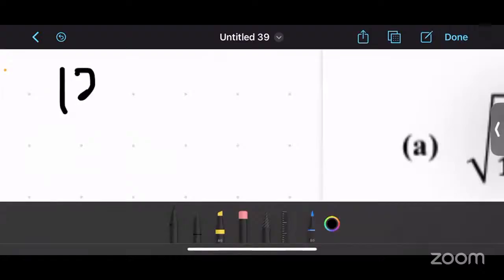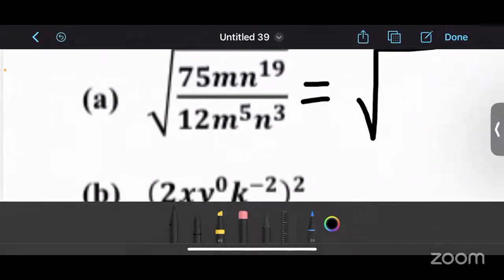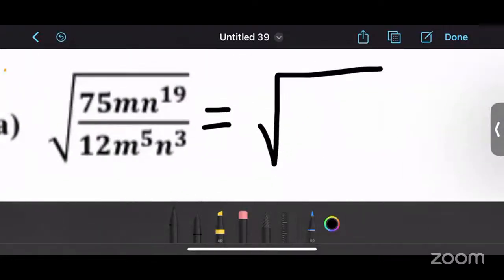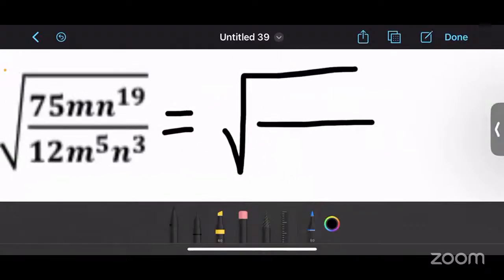It's 3. Okay, so 75 divided by 3 is how much? It's 25mn to the power of 19 over 4.